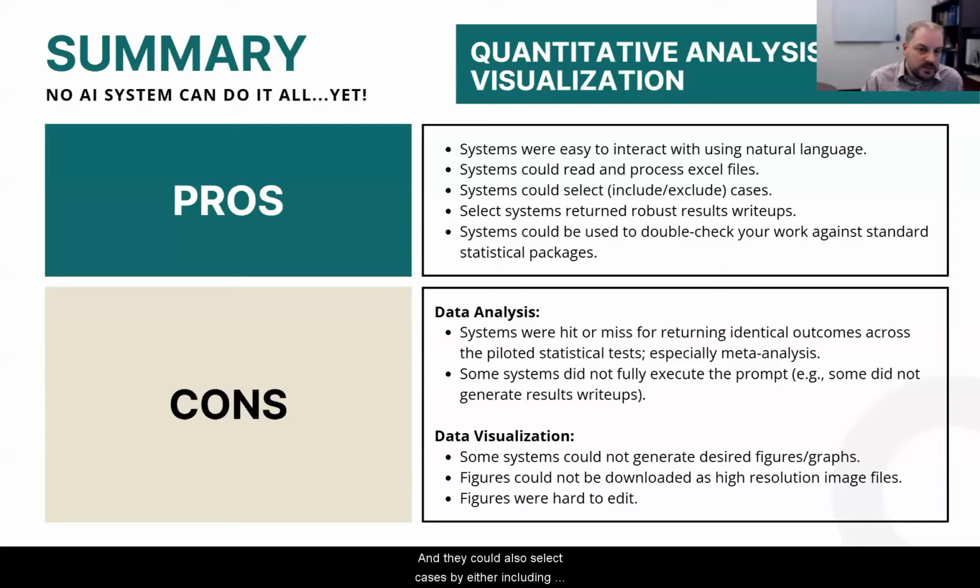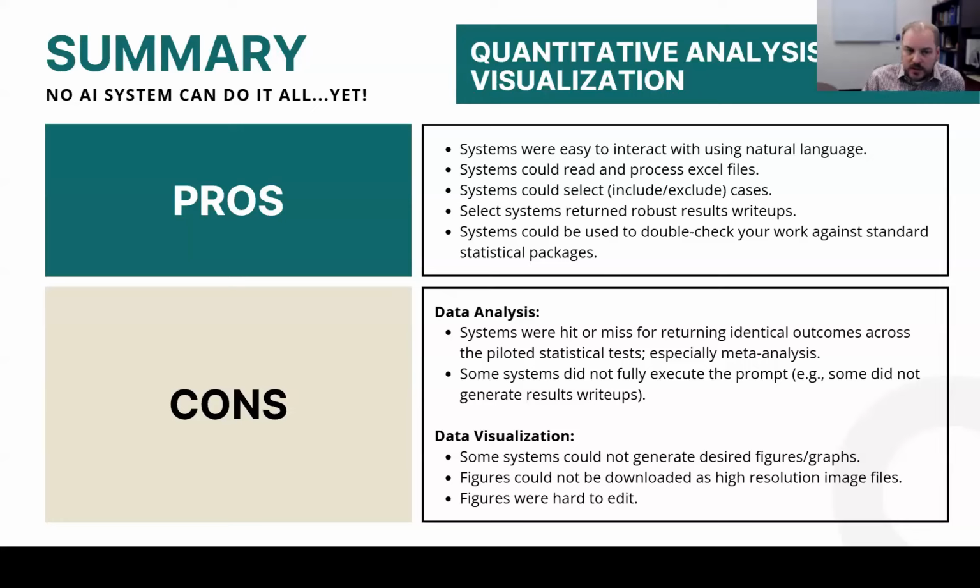And they could also select cases by either including certain cases or excluding them. And in the case of Claude Sonnet 3.5, it was able to return a nice and robust results write-up. And then lastly, I do think these systems could be used to double check one's work against standard statistical packages. So all of those I would couch as being the pros for these mini experiments that I ran.